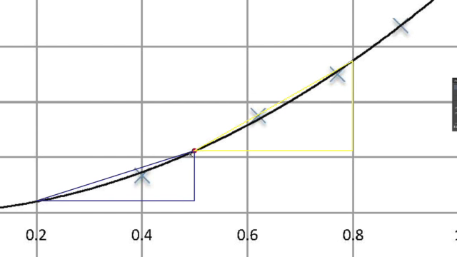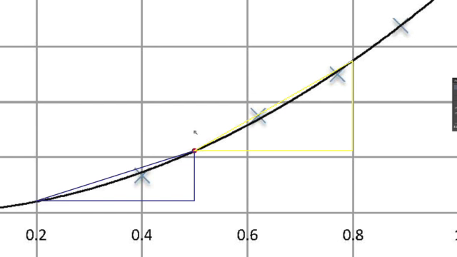Starting from the red point, I have moved 0.3 of a second to the right, and I have created a yellow gradient triangle above the point, and I have proceeded the same amount of time, 0.3 seconds to the left, and I have made a blue gradient triangle below the point of concern.